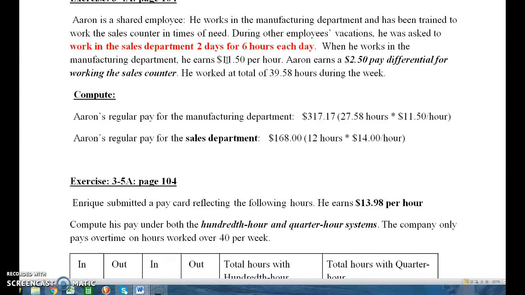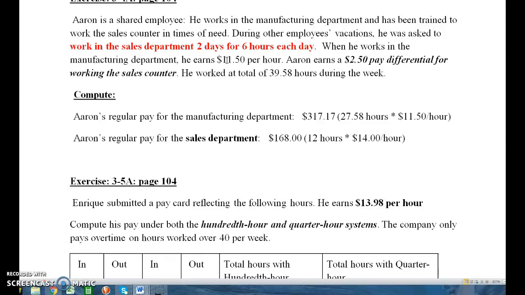In the sales department, he worked 12 hours. Multiply that by $14, because remember it's a $2.50 differential, so $11.50 plus $2.50 is $14 an hour. In the sales department, he earned a total of $168 for working the sales counter. So this is where he got paid a pay differential.